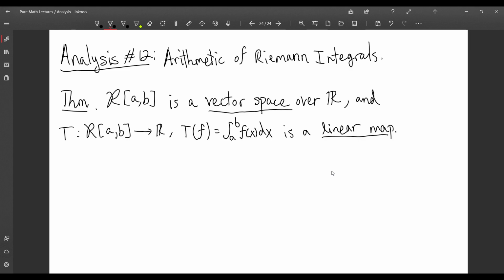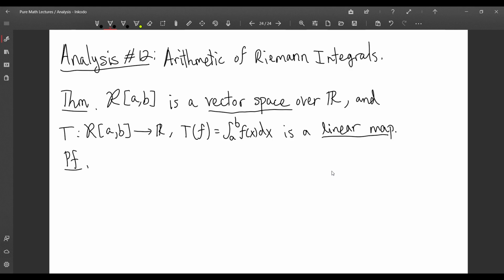Okay, so it's possible that you haven't seen the words vector space and linear map. But what this theorem says, and you can state this theorem without this language, however, I think it's nice to see it in this algebraic way.